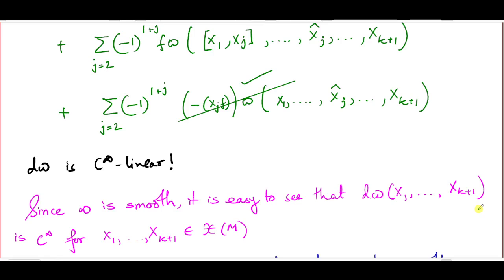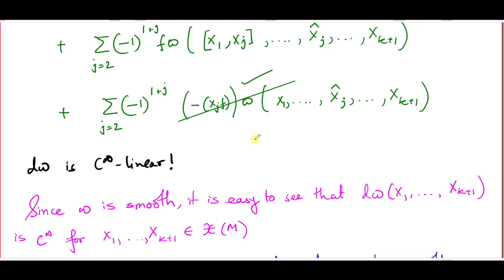In either case, it's easy to see that every term on the right hand side of the definition actually is a C-infinity function. So d omega acting on a bunch of smooth vector fields does give me a smooth function, and therefore d omega is by definition a smooth 0 k plus 1 tensor field.